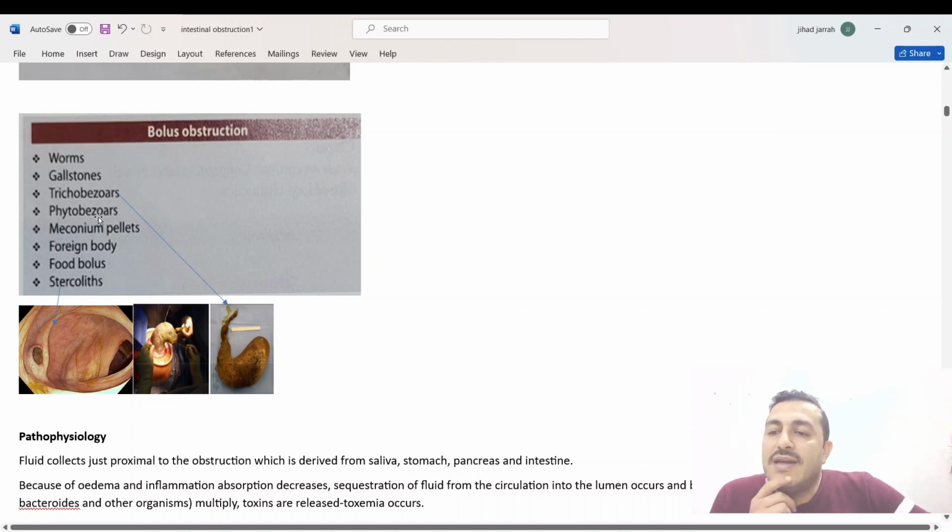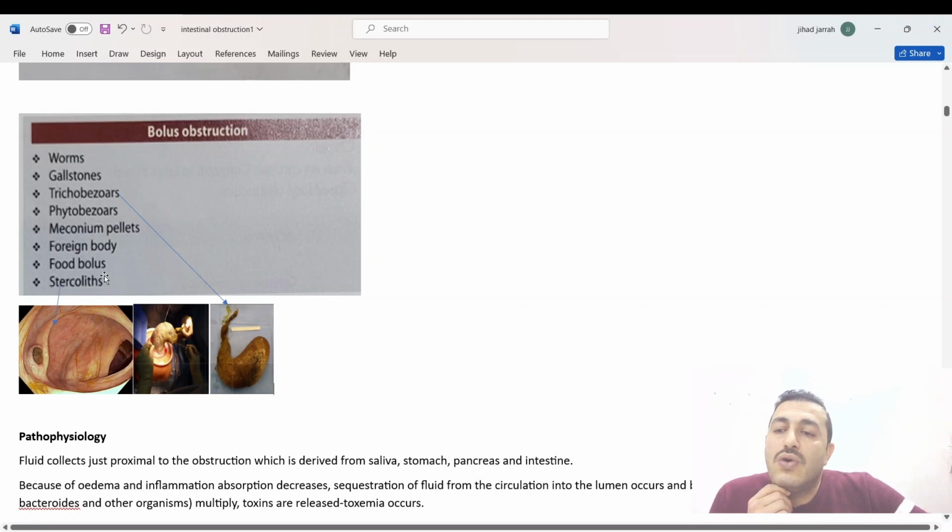Okay, phytobezoars, it's any particles of food that can be locked in the bowel. Meconium, also foreign body. Food bezoars, not digested well, especially in those who have problems in the oral digestion of food.